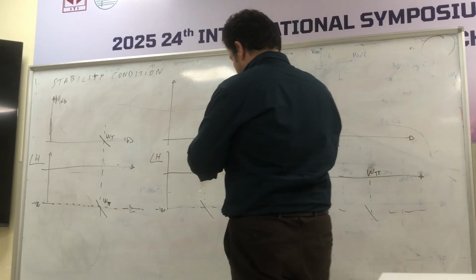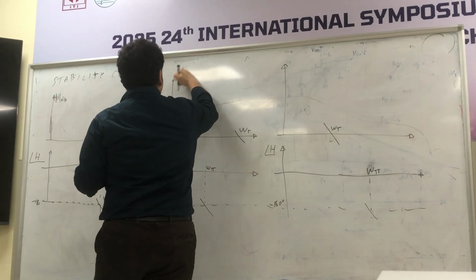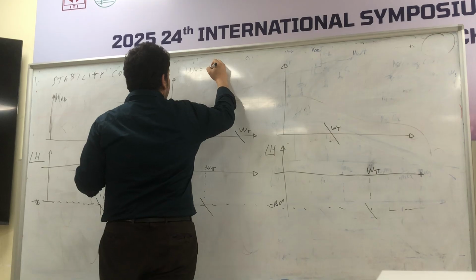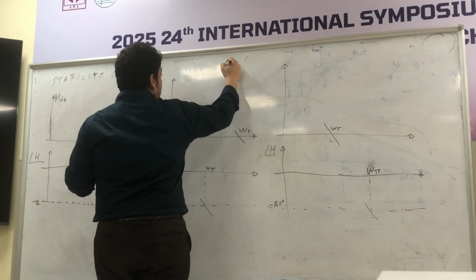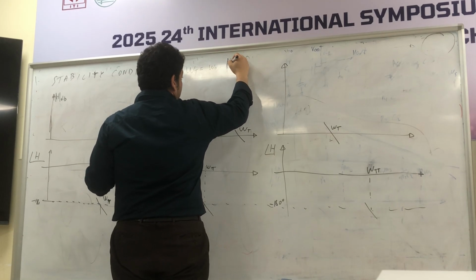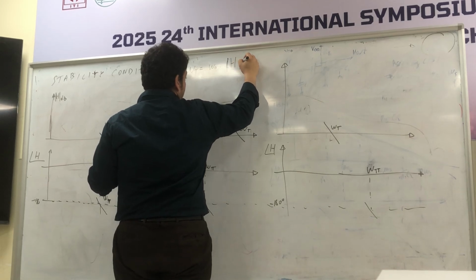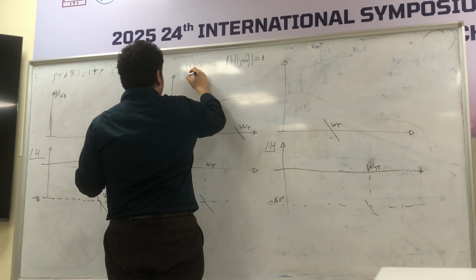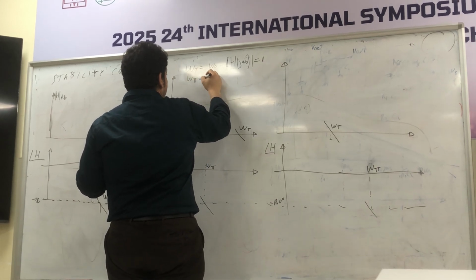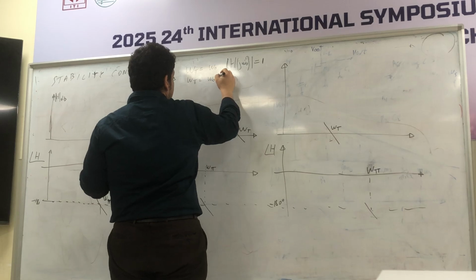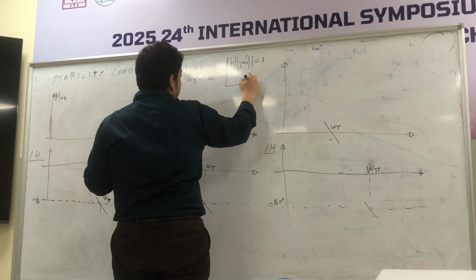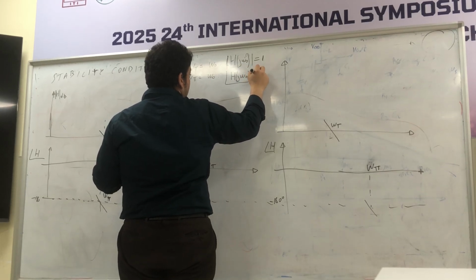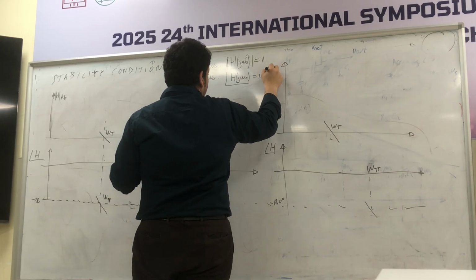So I call omega t equal to omega 0, so that the gain is equal to 1. Omega pi is the frequency so that the phase of H omega 0 is equal to 180.